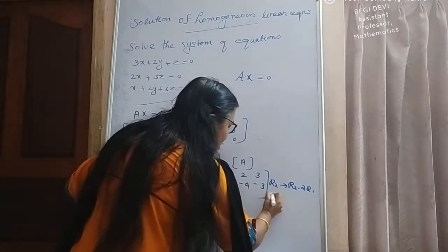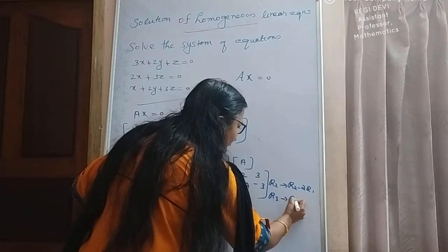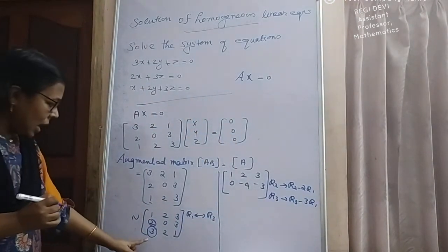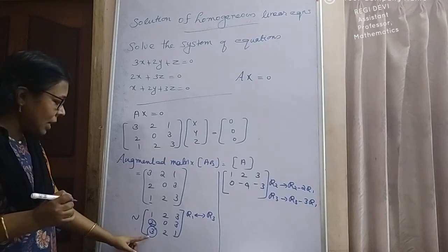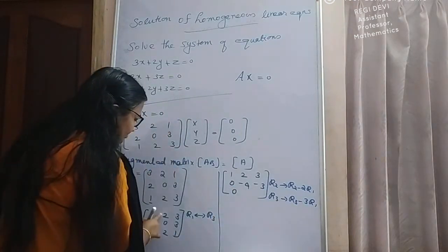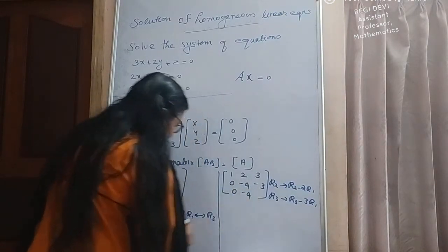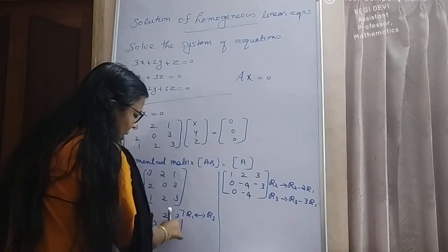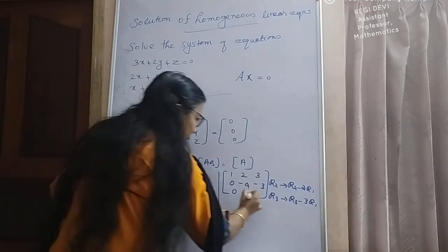Then R3 gives R3 minus 3 times R1, that is 0, 2 minus 6, which is minus 4, 1 minus 9, which is minus 8.